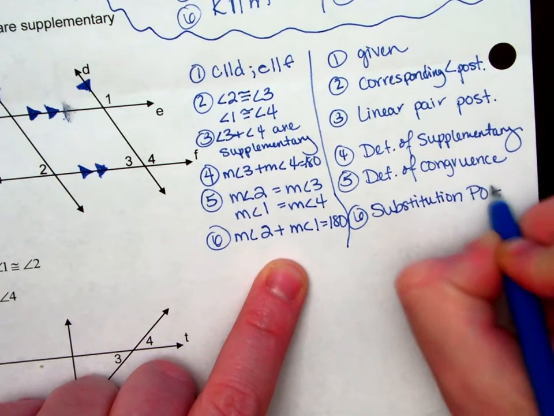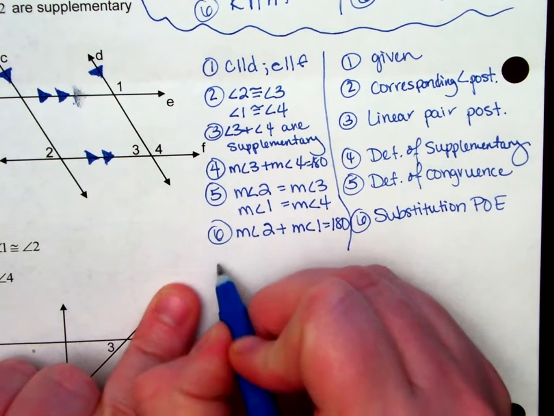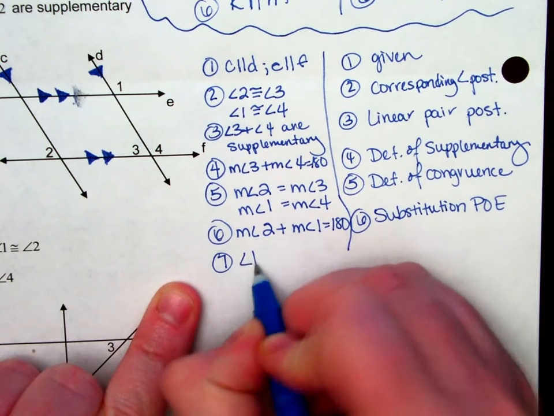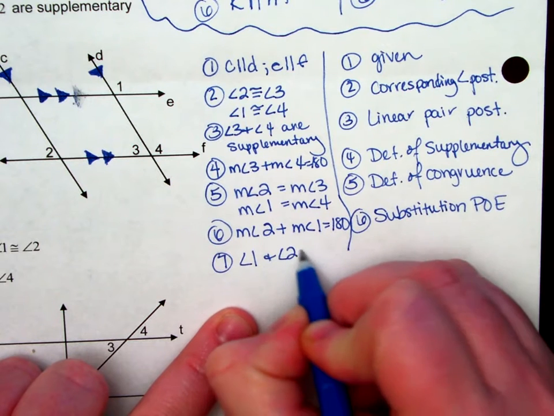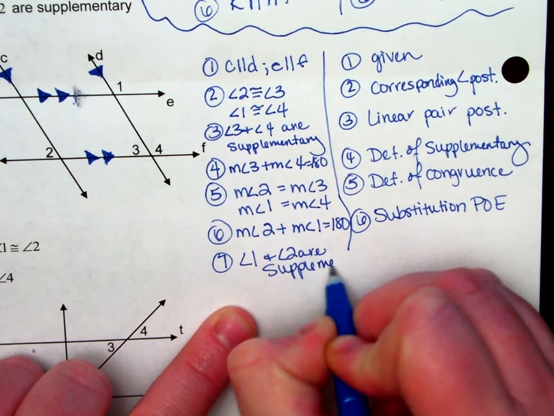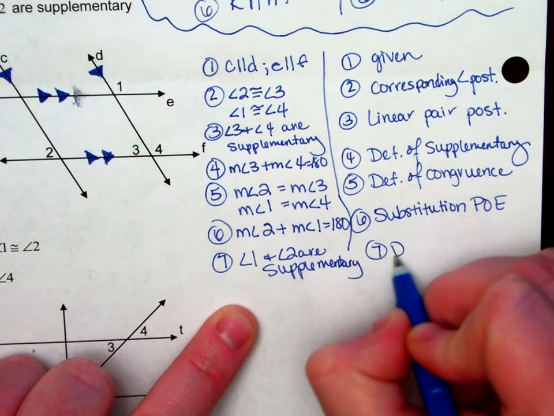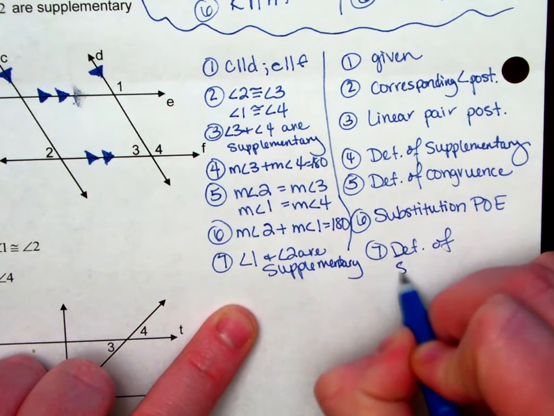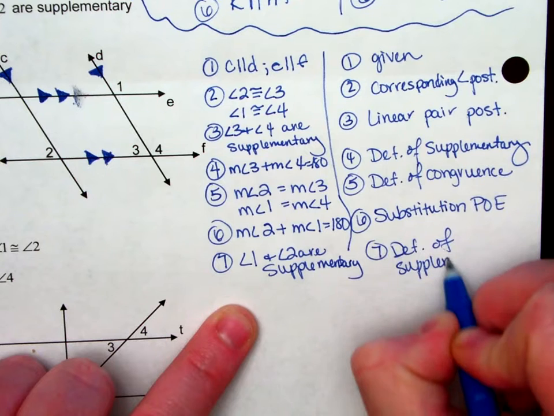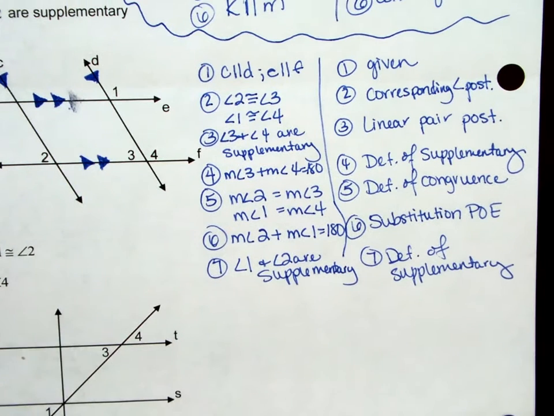substitution property of equality. Now that their measurements add up to be 180 degrees, on step 7, angle 1 and angle 2 are supplementary. And that's using the definition of supplementary. So once again, it's a 7-step proof.